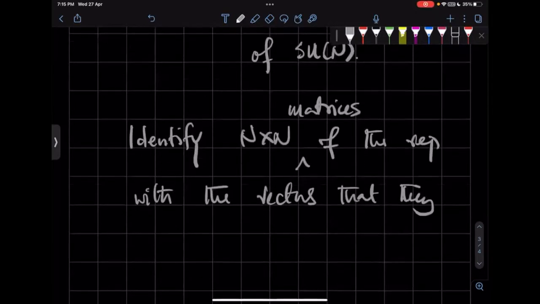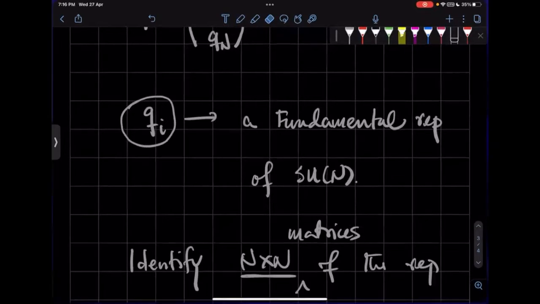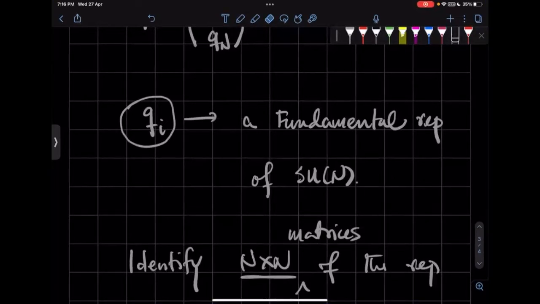Okay, it's implied when we're talking about the vectors. We are also referring to the matrices. Okay. So when we are saying Qi is the fundamental representation of SUN, we are also making reference to the n by n SUN matrices that act on Qi.